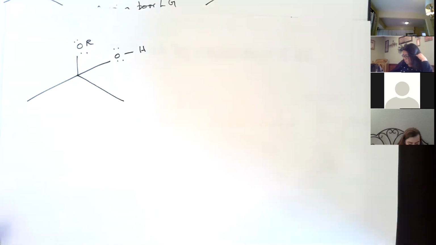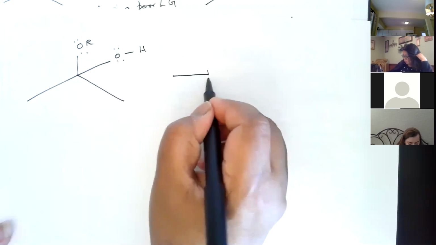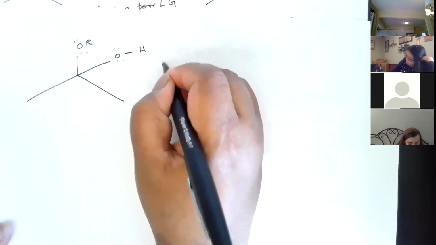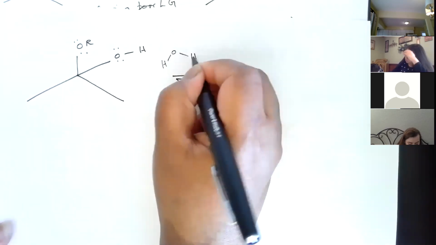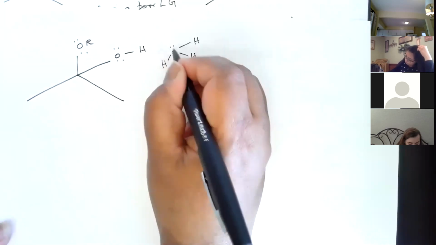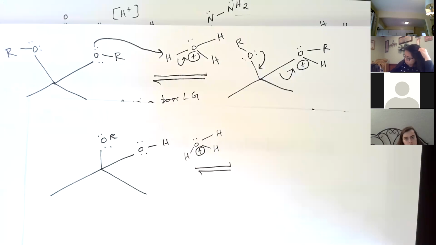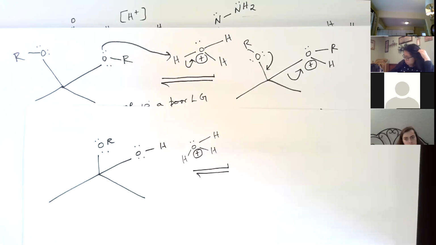Now you have to get rid of the other OR group. So what do we do? We do the acid hydrolysis again, or proton transfer, I should say. What did we do with the first OR group?